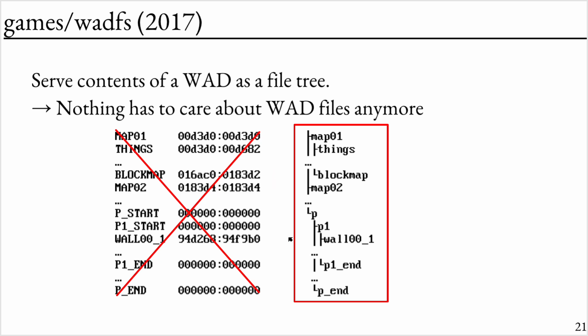The only caveat is that we have to also store these end markers as synthetic files, and I'll explain why a bit later, but that's it. And once you have this, nothing else on the system, no other tool or editor has to care about the format of WAD files anymore.